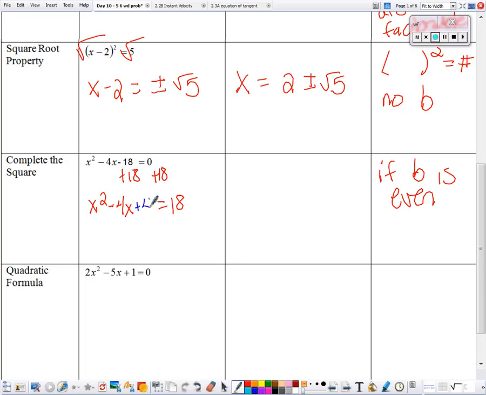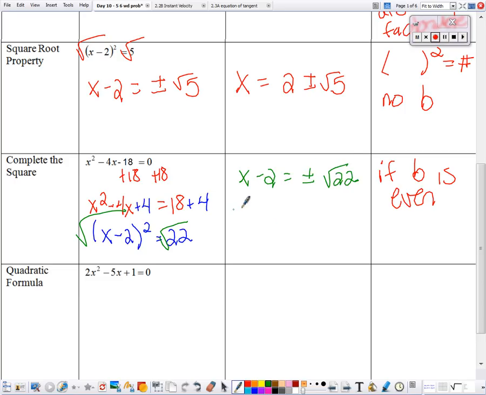Half of 4 squared. Factor. Now we're going to square root both sides. Don't forget your plus or minus. And we've solved: 2 plus or minus the square root of 22.